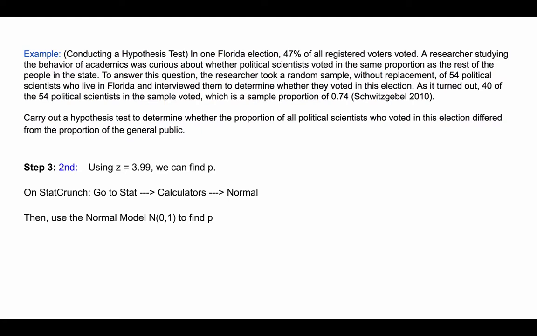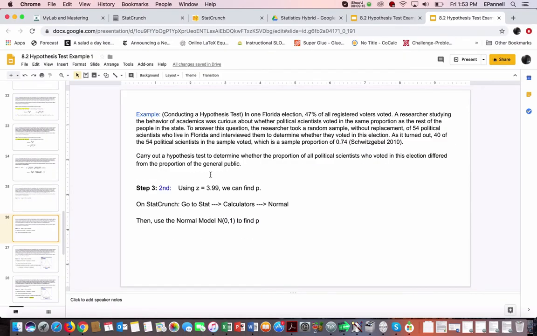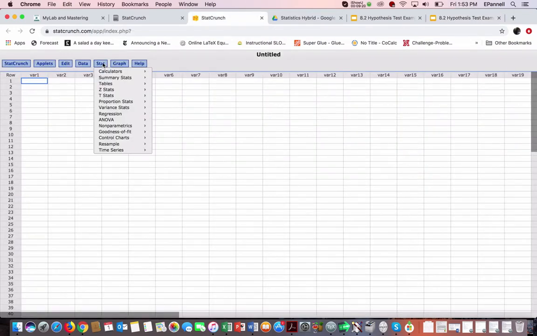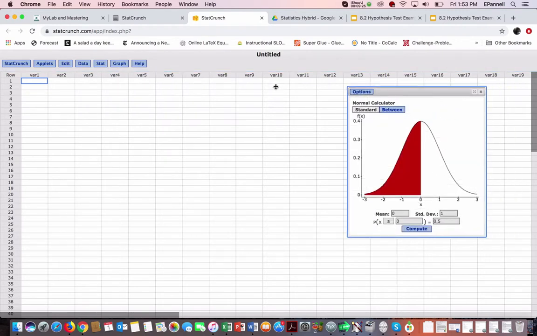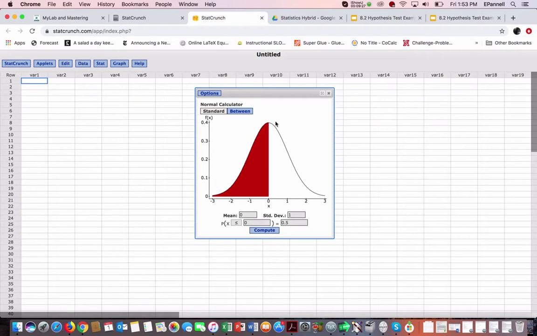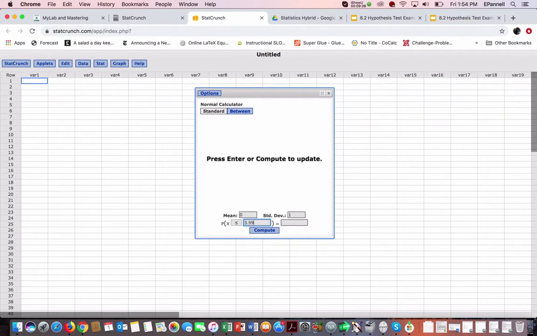So I'm going to get out of full screen, and we're going to follow these instructions to go Stat, Calculators, Normal. So I go to StatCrunch, and I go Stat, Calculators, Normal. We did this a while ago, and here's our familiar normal model. Now we're going to use our standard normal model, which means the mean is 0, standard deviation is 1. And our z-score was 3.99.